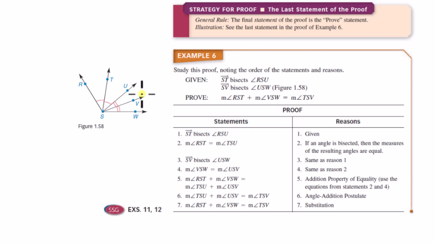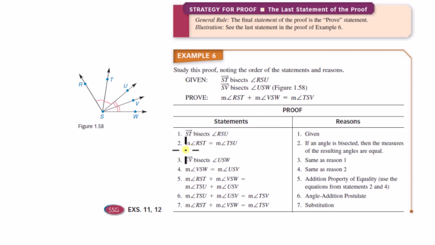What you can do here is say that by the definition of bisect, angle RST is equal to angle TSU, and angle USV is equal to angle VSW. Start by saying that. Then you got to go through the proof, but you could use the reflexive property, this is equal to that, and so let's see how they do it.